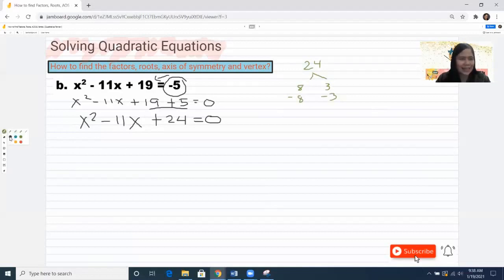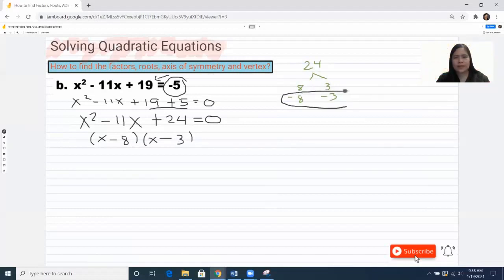Yay! Okay, so now we can use those two. We'll distribute the x squared. We'll have two groups. That is how we factor. Then -8, the first factor, and then -3. So those are the two factors, equals 0. So therefore, those are the factors.